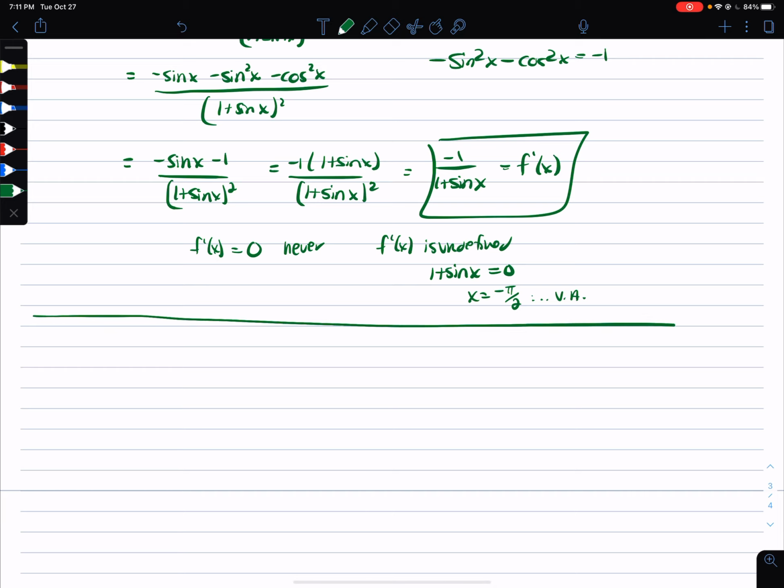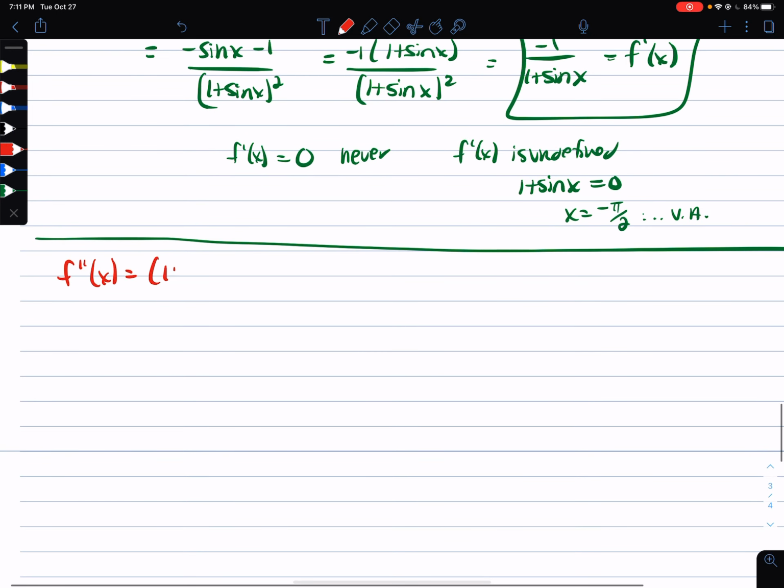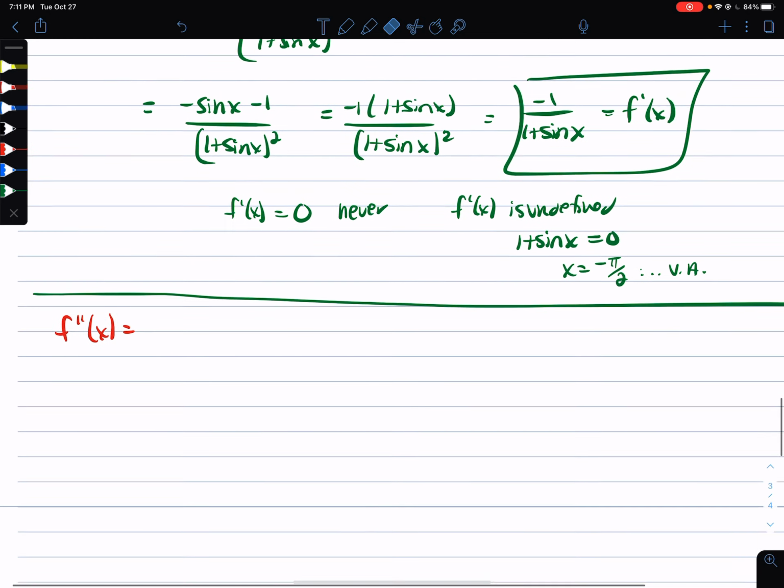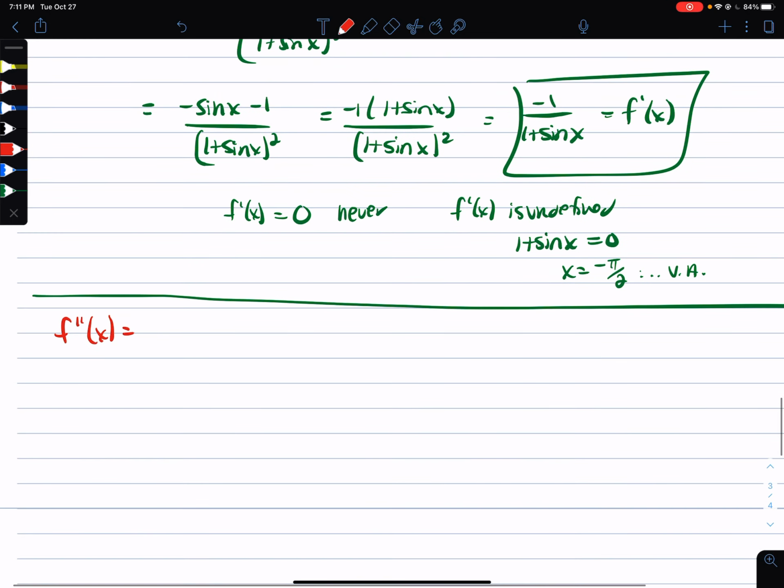So we're going to move on to our second derivative. Here again, we'll have to use our quotient rule. Actually, I think it's going to be a little more efficient for me to rewrite this. I don't want to necessarily use that quotient rule, just because I can rewrite this as 1 plus the sine of x to the -1st power.